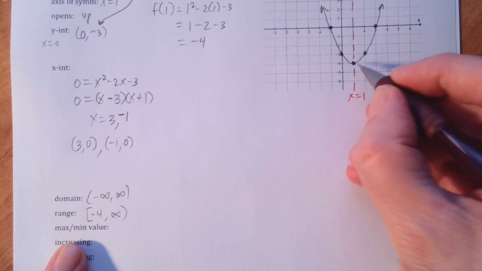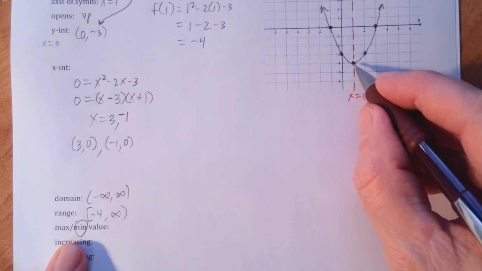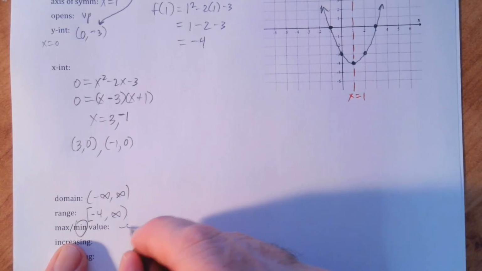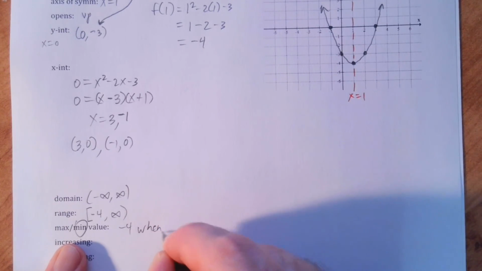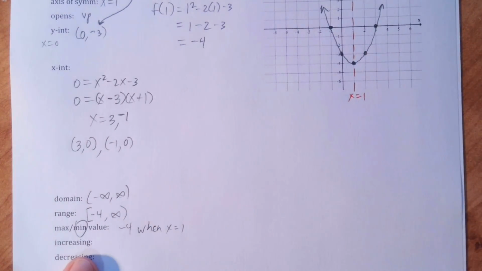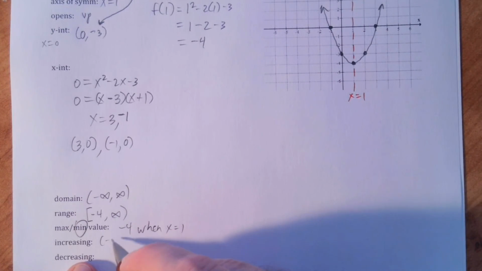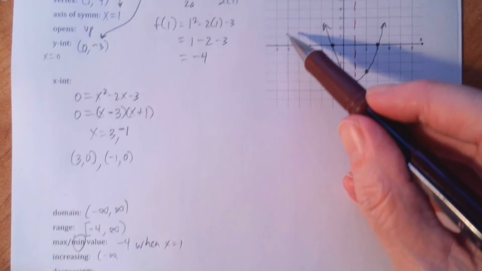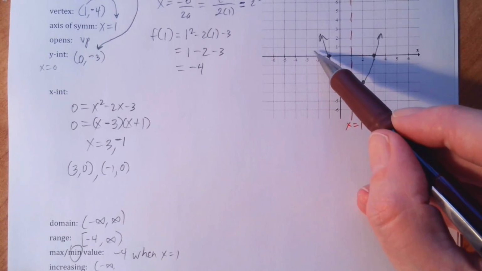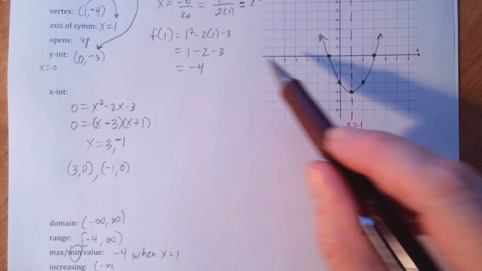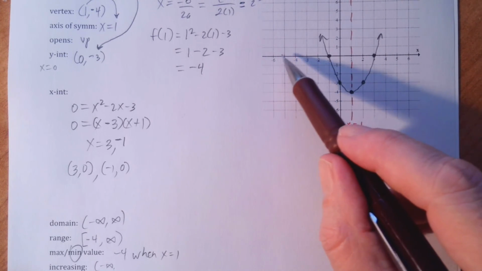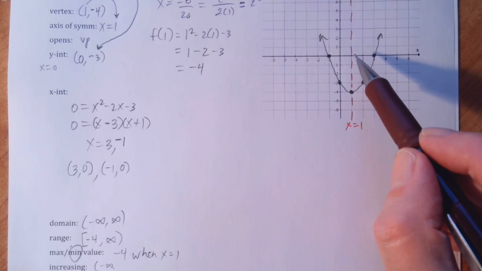Notice we're going to have a minimum value, and it's going to be -4, and that's when x is 1. Notice the graph keeps decreasing when x starts way out here, and eventually we get to here, that's where things change.